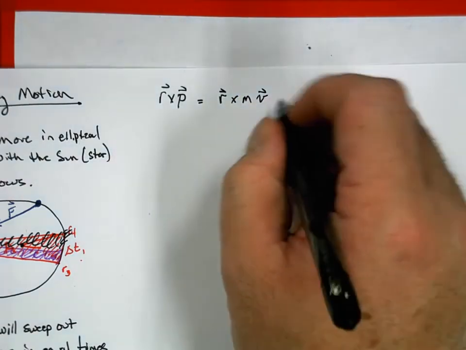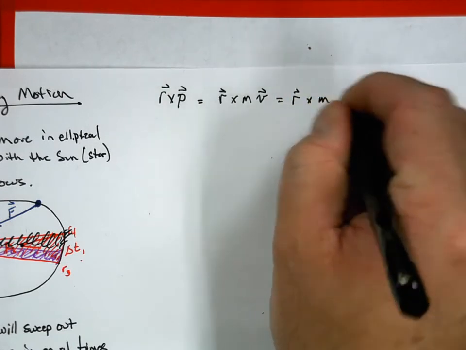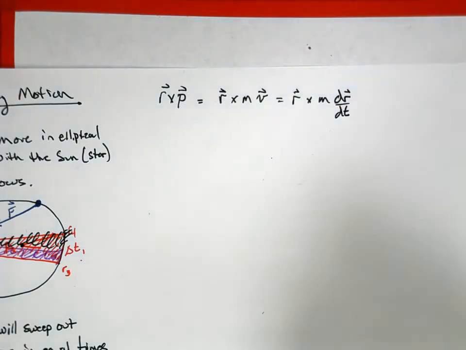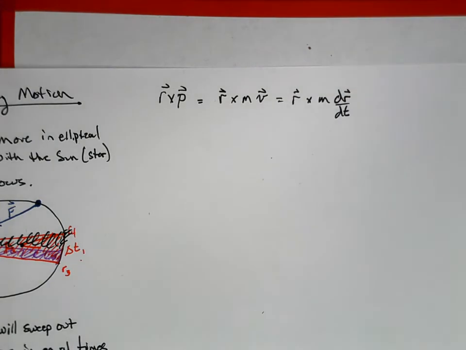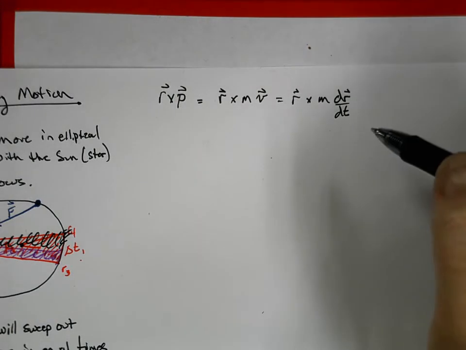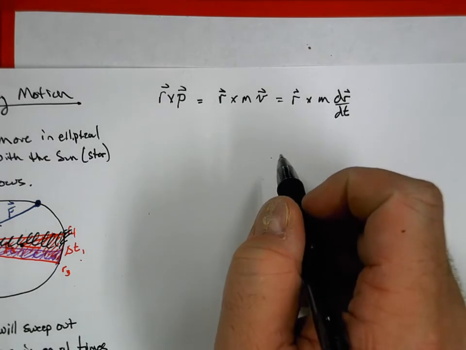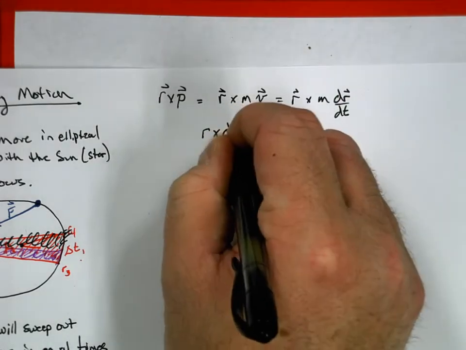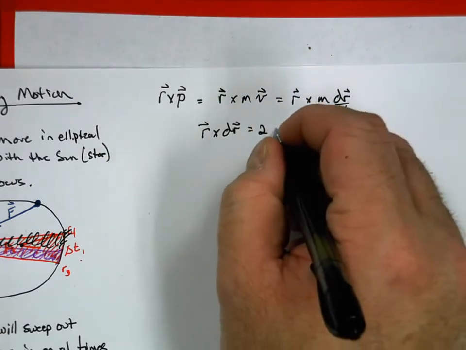And this equals R cross M dr/dt, because this is the instantaneous rate of change of its position, which is what velocity is. Which now means that we have this R times dr is really equal to 2 times dA.